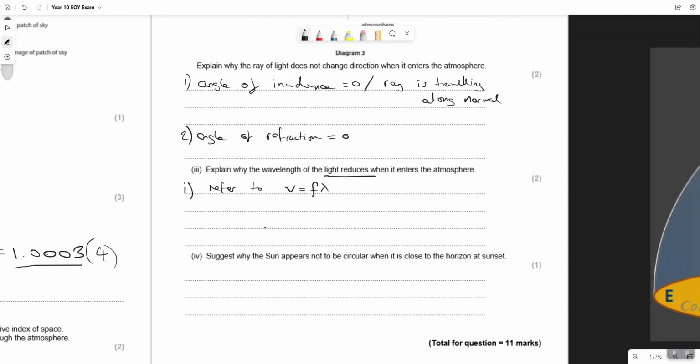And in this case, we know that as it goes into the atmosphere, it's going to slow down. We know that v is going to decrease. So our second possible marking point is that the speed's going to go down. And because speed is going to go down, something on this side also has to go down. Frequency remains constant.